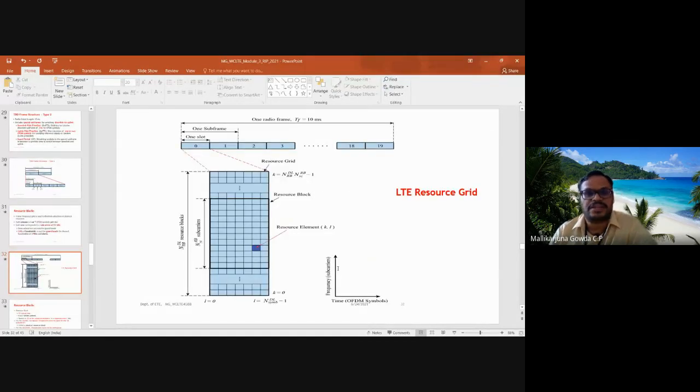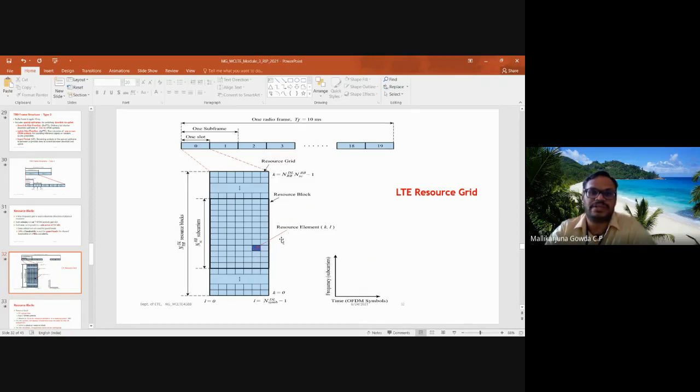Even this structure was known to you already: how the time frequency grid looks like, what the resource element is, what the resource block is, and how that is related to the time slot, subframe and radio frame. Hope you are able to get this point. A resource element means one symbol and one subcarrier frequency.